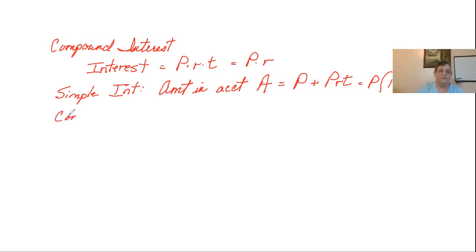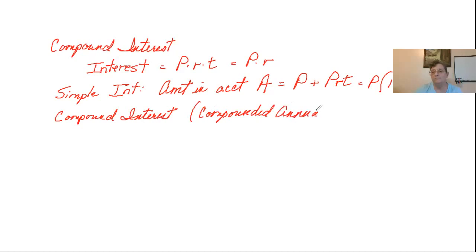Now with compound interest, where it's compounded annually, once a year, the first year, you're going to have your principal plus your interest, which will just be your principal times your rate, because this is 1 year.